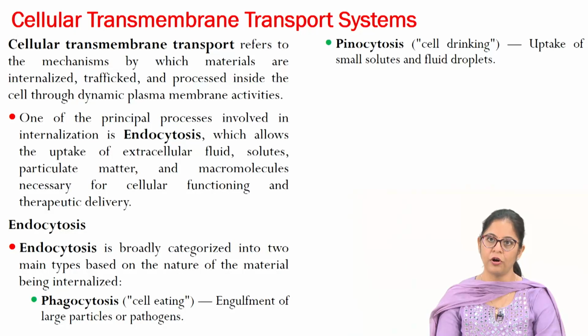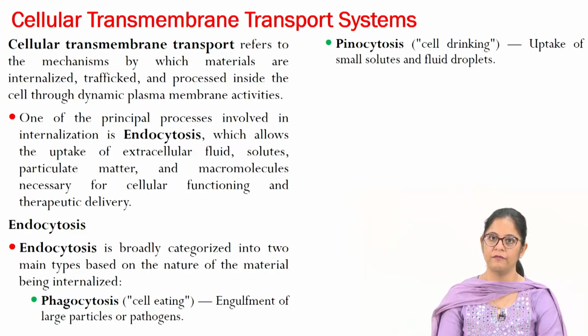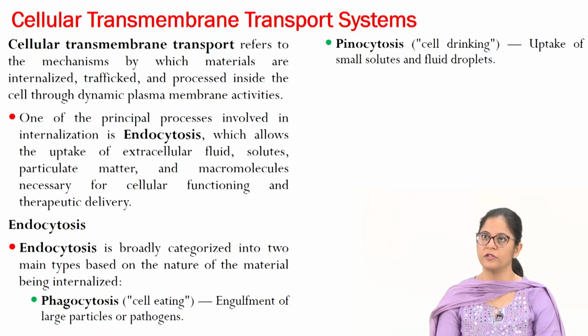Endocytosis is broadly categorized into two main types based on the nature of the material being internalized. First is phagocytosis, that is cell eating, the engulfment of large particles or pathogens. Next is pinocytosis, which is cell drinking, the uptake of small solutes or fluid droplets.